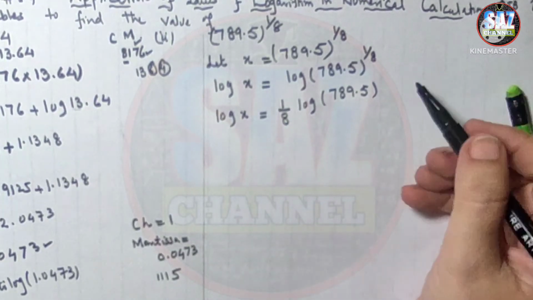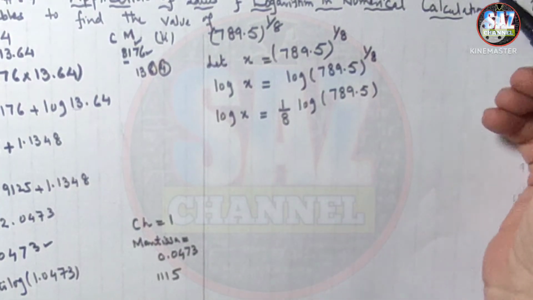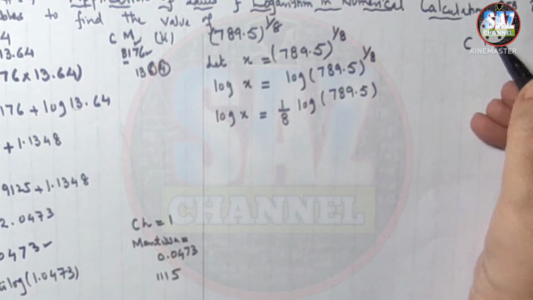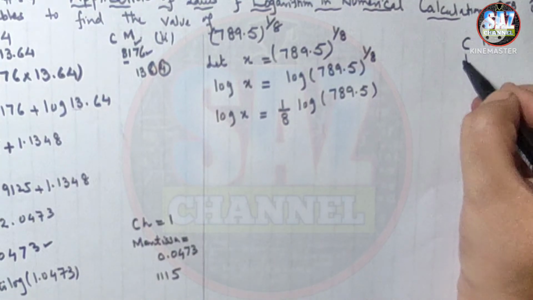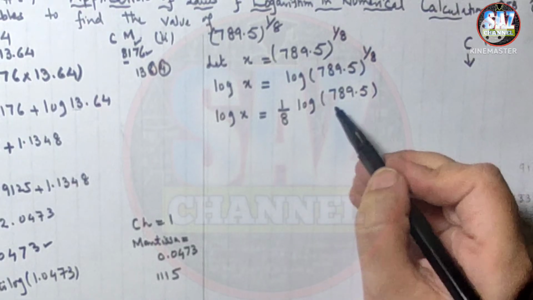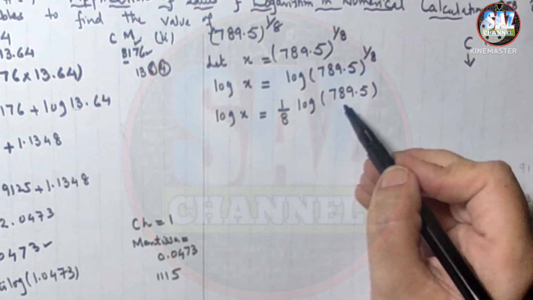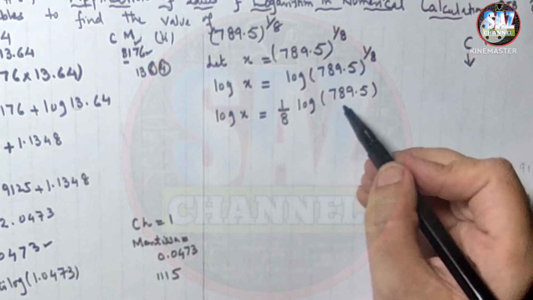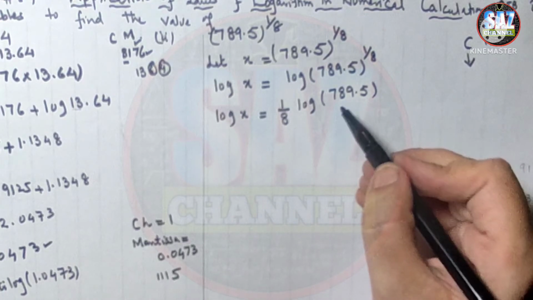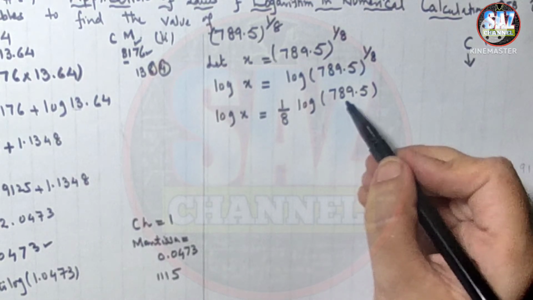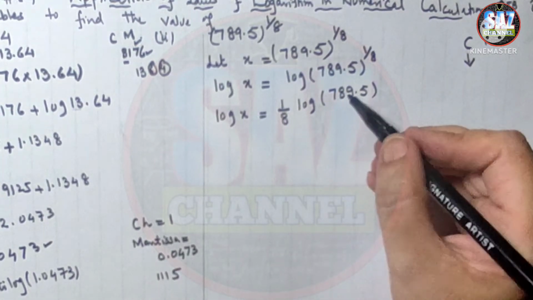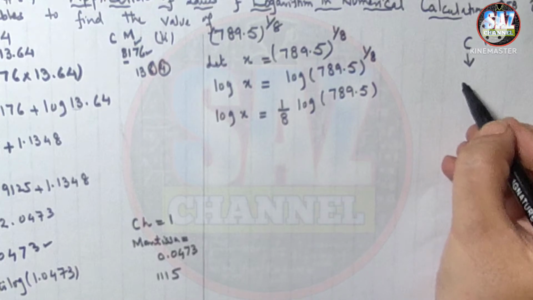We know that log of any number consists of how many parts? Two parts, characteristic and mantissa. For the characteristic, we have to see how many digits are before the decimal. For numbers bigger than 1, the characteristic is 1 less than the number of digits before the decimal, as there are 3 digits, so the characteristic of this number will be 2.